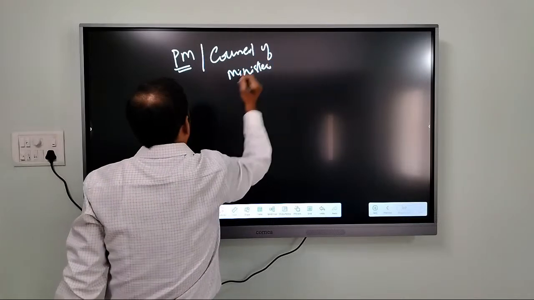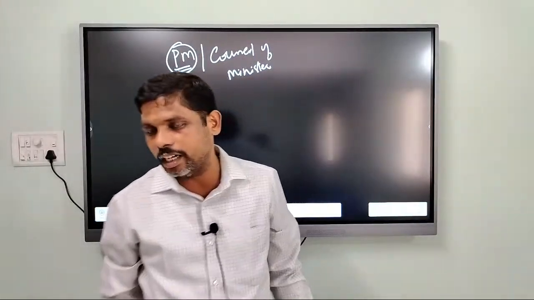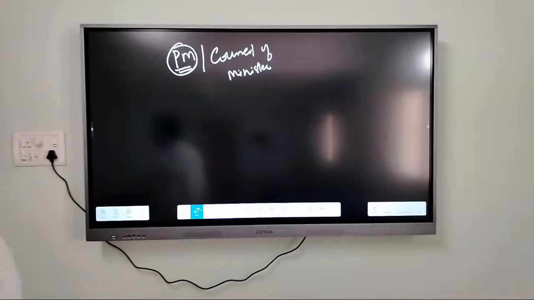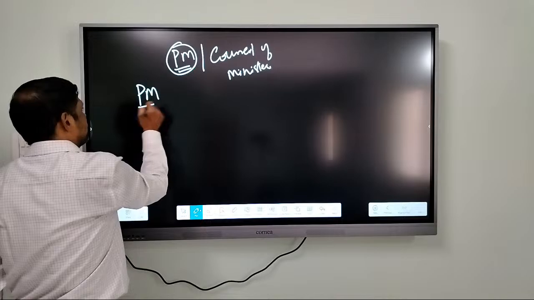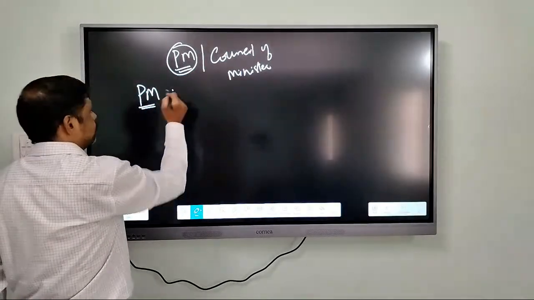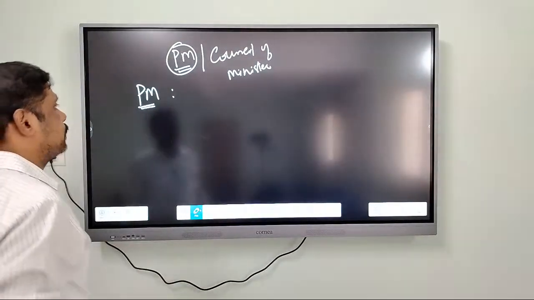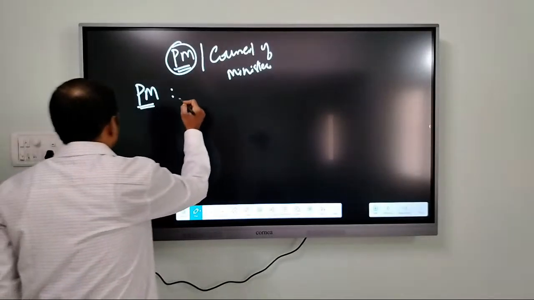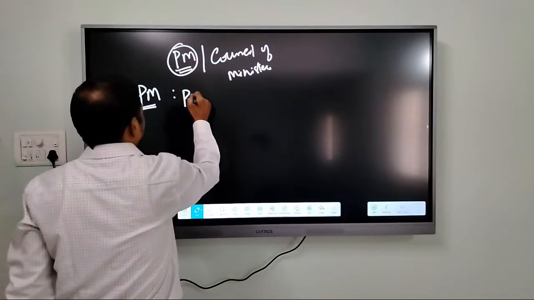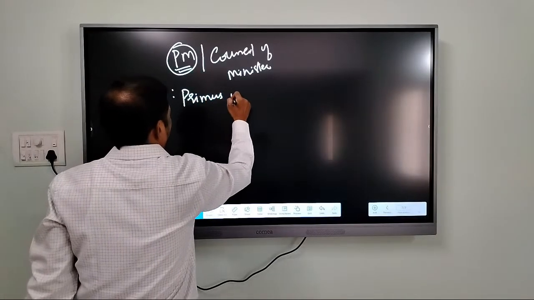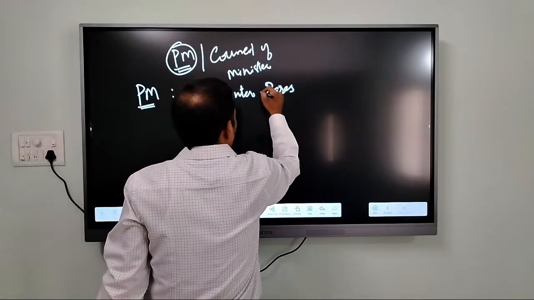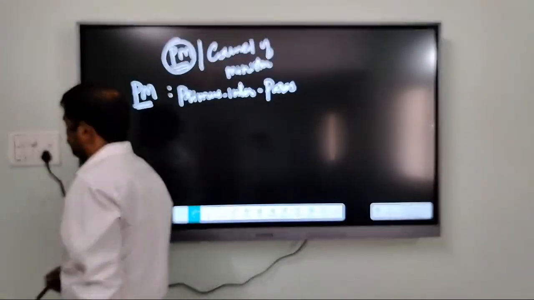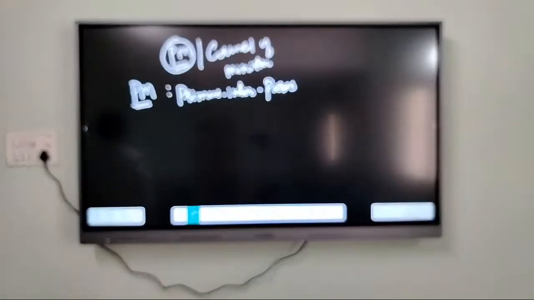If you take the position of Prime Minister, first let me talk about the Prime Minister. In the role description of the Prime Minister in a parliamentary system of government, he is regarded as primus inter pares, which means first among the equals.